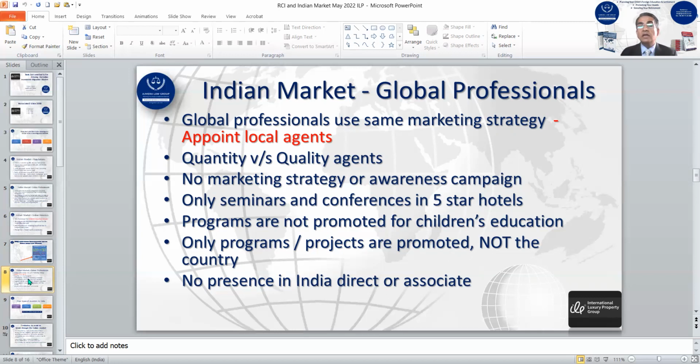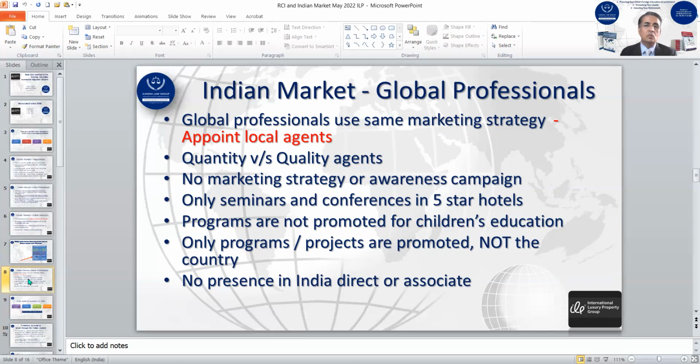But the programs are never promoted as education destinations, and how the children of wealthy parents can take advantage of residency and citizenship in those countries. So I firmly believe it should be done with that angle in mind, on top of the other reasons we provide for investing in the particular program. It could be Portugal, Spain, Greece golden visas, Bulgaria, Malta, Cyprus, all the 5 Caribbean countries.